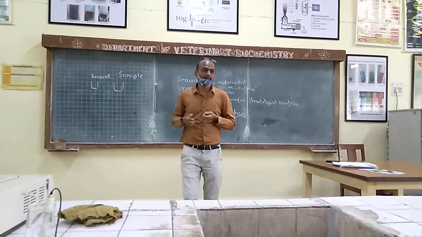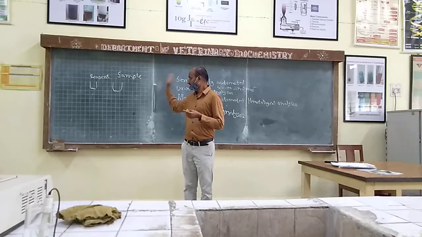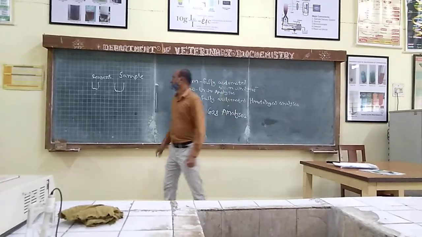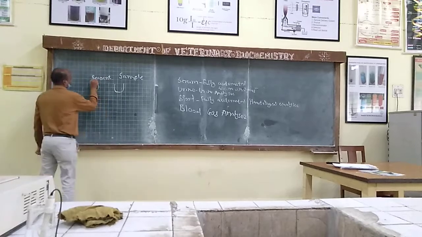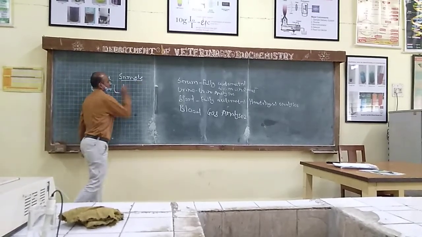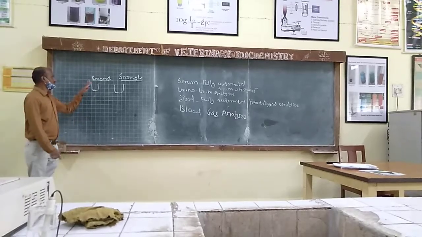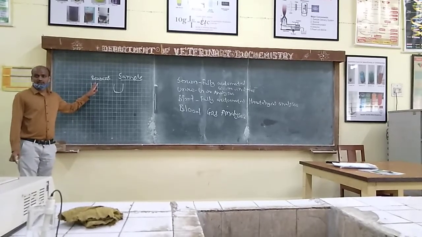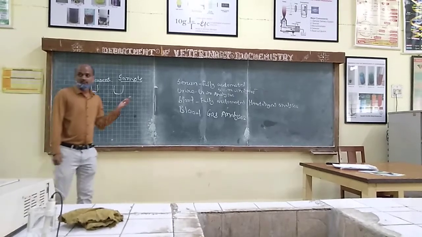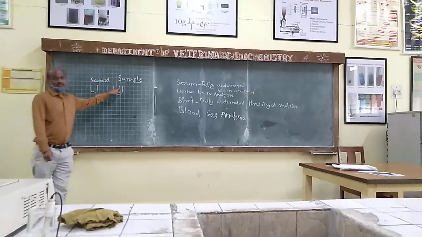So we have different parameters. Look at how this serum estimation is being done, right? During serum estimation, we have reagents and we have a sample. For example, in the glucose test, we add the enzymatic reagent to our serum sample.